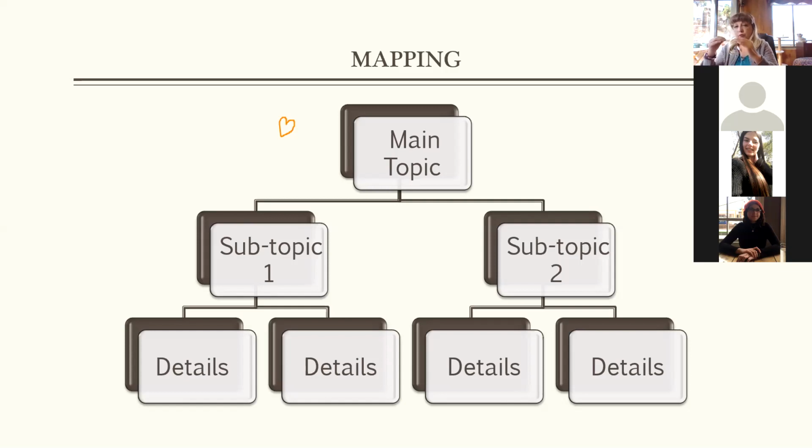And then you go from the biggest or the most important to the least important. Okay. So that's why the mapping is important, because you can visualize it before you start writing. Many people start writing first and they make a mess because sometimes they even contradict themselves.